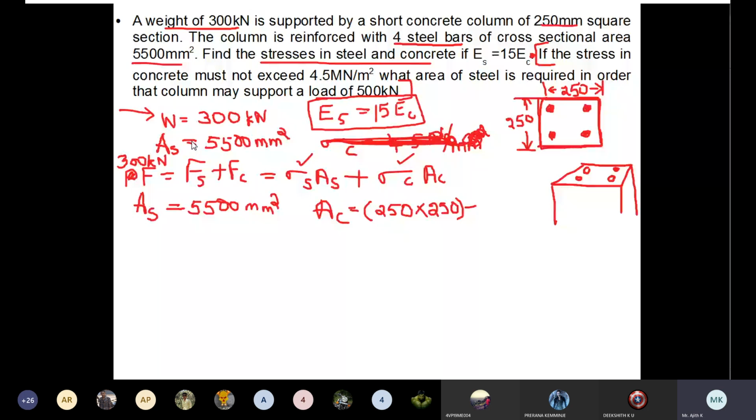So area of concrete is equal to total area minus area of steel. That will give you the area of concrete.